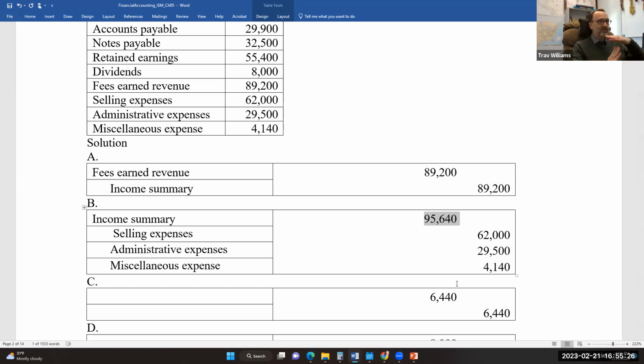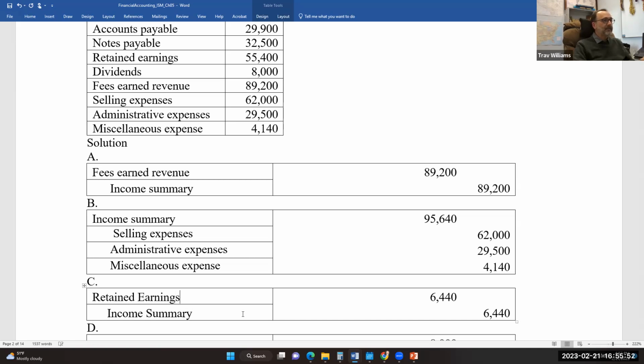If you don't believe me, just do a T account. Put this credit on the right, put this debit on the left, find the balance, and you'll find that you still have 6,440 on the debit side. So you're going to have to credit income summary. And what do we debit? We debit retained earnings. Okay.